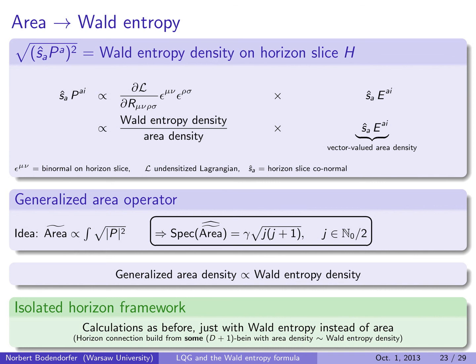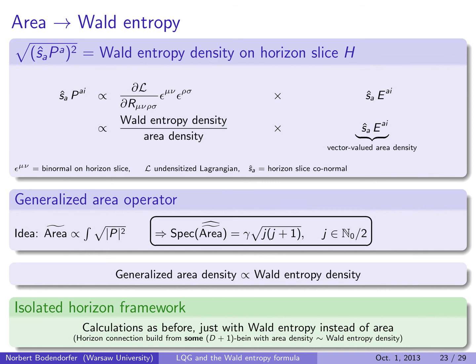And this is very nice because this is just the wall entropy density divided by the area density times the densitized triad, which essentially provides us with a vector valued area density. So this expression is nothing else than a vector valued wall entropy density.